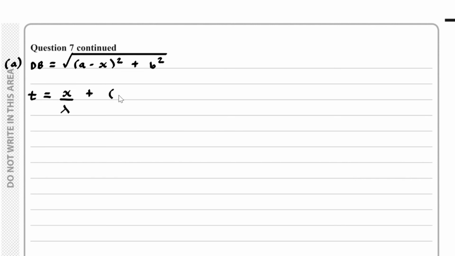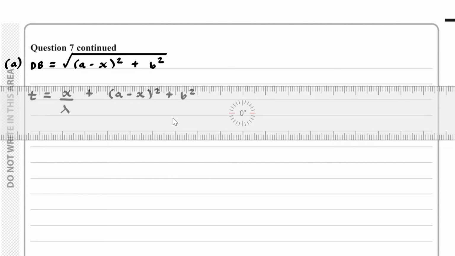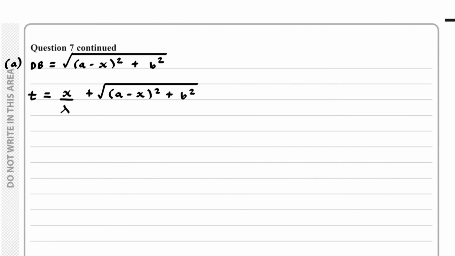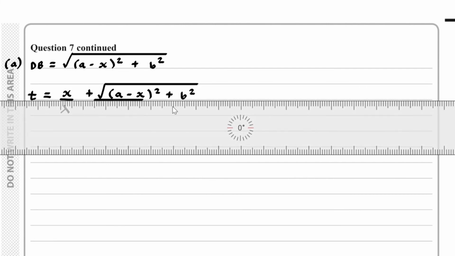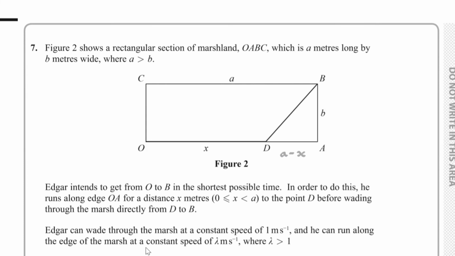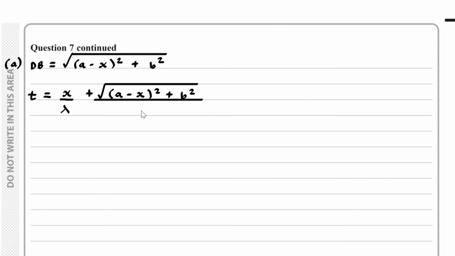That's equal to a minus x squared plus b squared, then square rooted. And then I'm going to divide this by the speed, which we are told in the question is 1 meter per second.